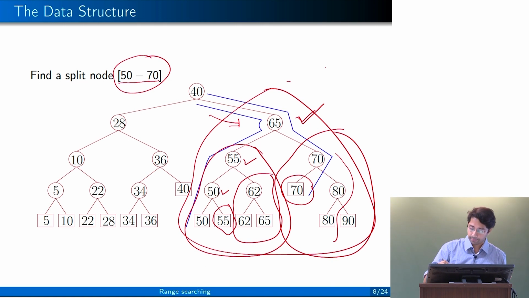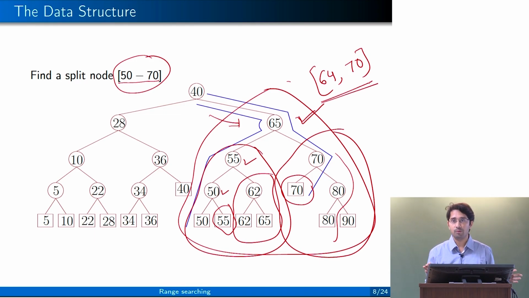Even if my query range is 64 to 70, 65 is still my split node, because the query expands in both ways from 65, and standing at 65, I do not know whether 64 is inside or not. Clear how I am finding the split node?